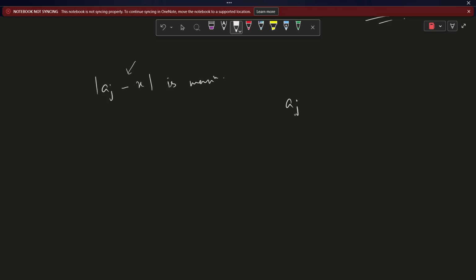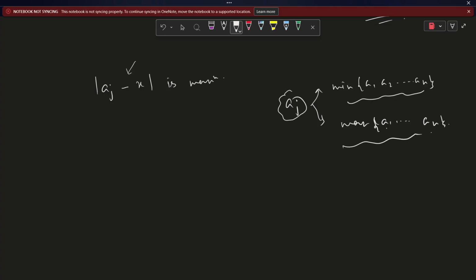It is going to be maximum with one of two numbers: either the minimum of the whole array, or the maximum of the whole array. So I can swap this value with either of these.